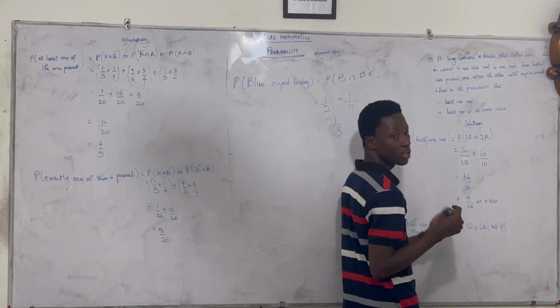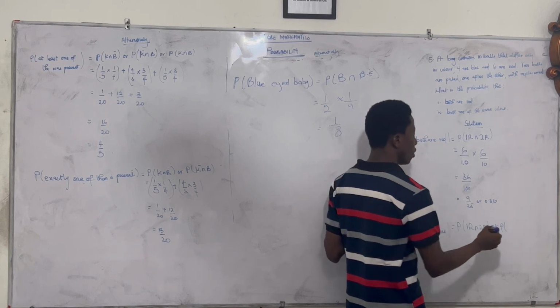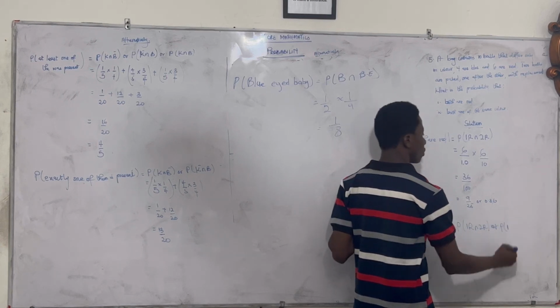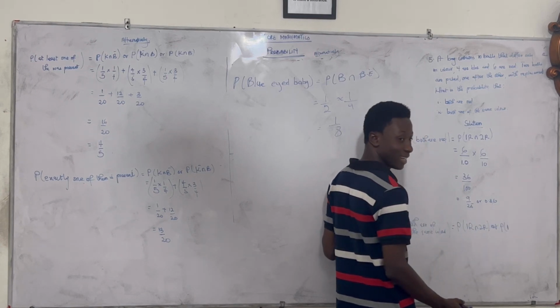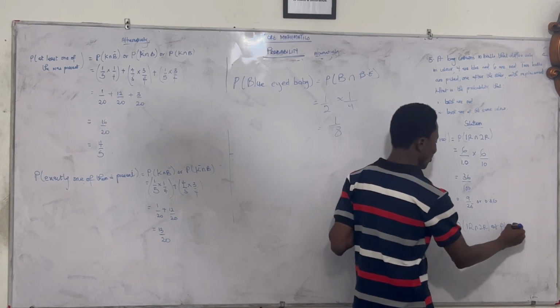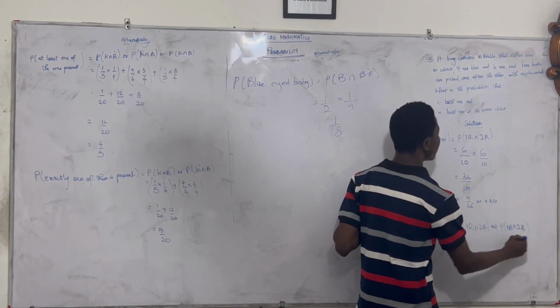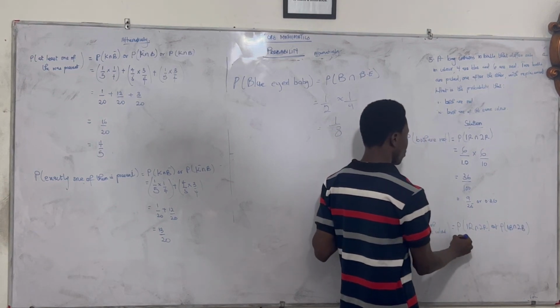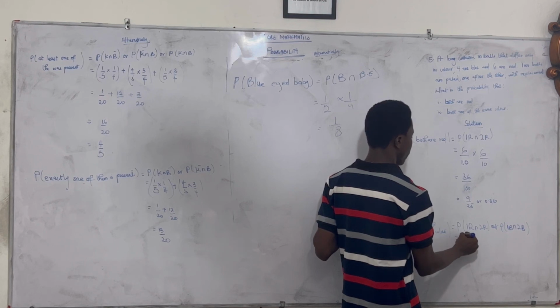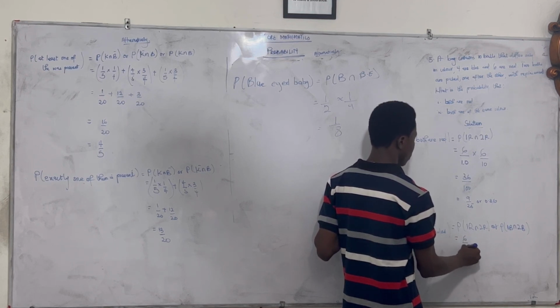So it's either the first you picked was red and the second was red, or the first you picked was blue and the second was blue. Are you paying attention? Yes, sir. So if the first was red, that would be 6 over 10 times 6 over 10.